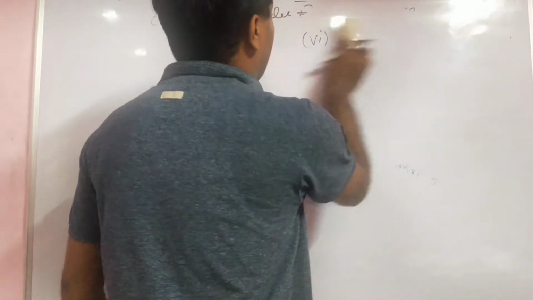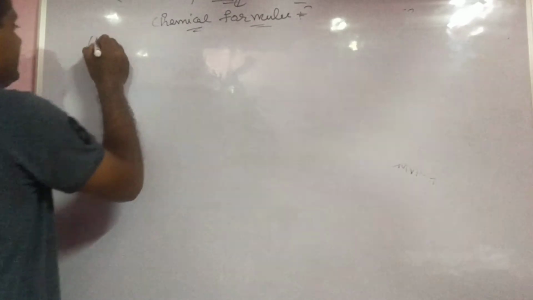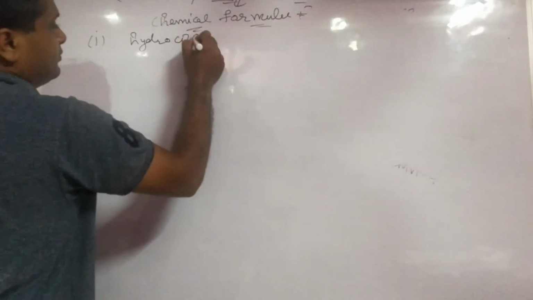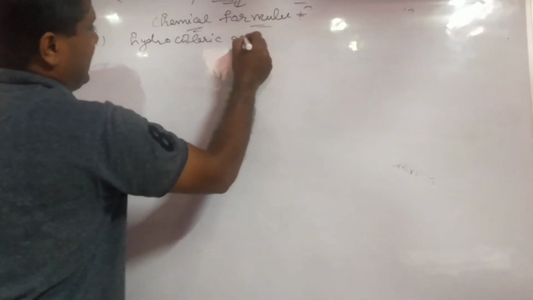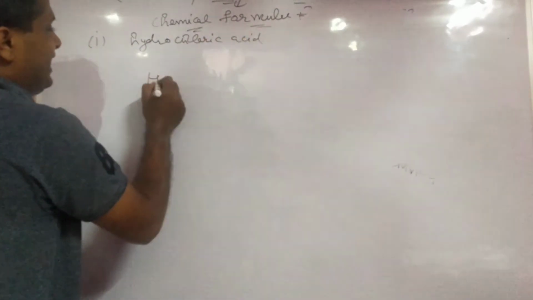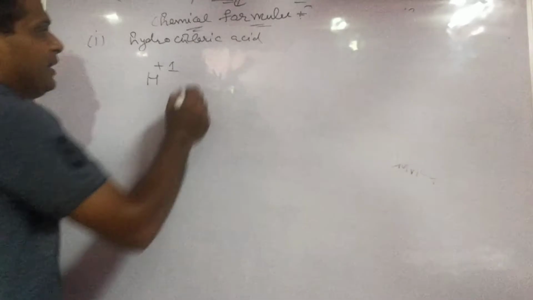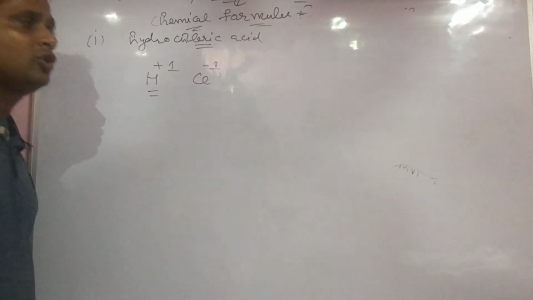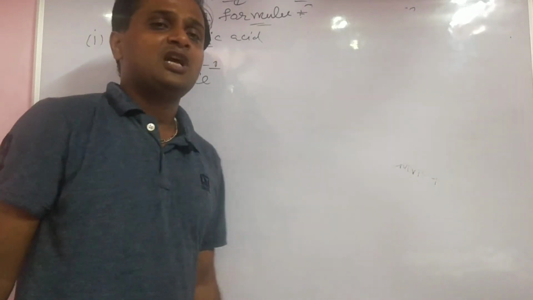Now we try to make all acids. First is hydrochloric acid. That is H positive. Keep in mind, chloride, chlorine always, and acid always gives H positive. Who said this? The Arrhenius concept.